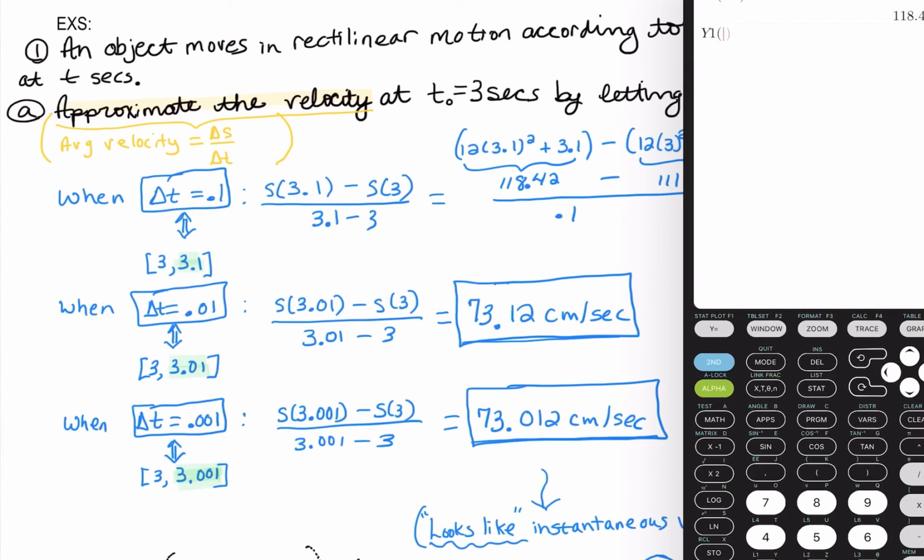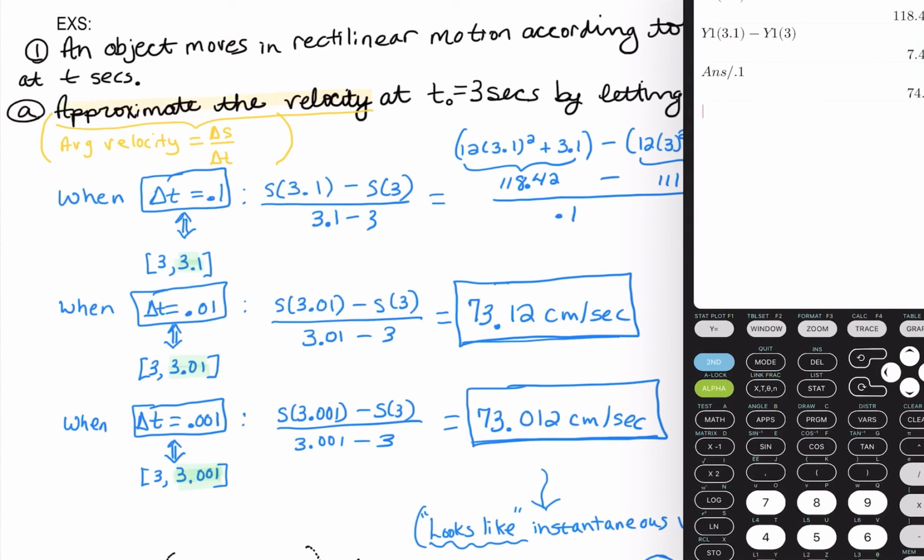You could do y1 of 3.1 parenthesis minus variables, arrow to the right to y variables, enter on function, enter on y1 of, with parenthesis 3, close parenthesis, and that would be my 7.42. That was our numerator in the first step, and then the denominator was pretty easy, just our 1/10. And so there's my 74.2.